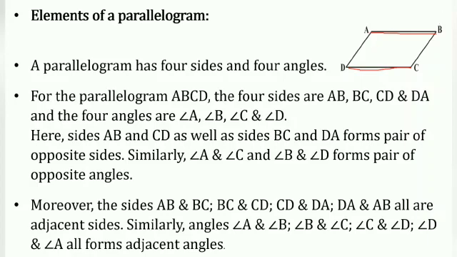And let me change the color. Here AD and BC form one more pair of parallel sides. So in total we find two pairs of parallel sides.